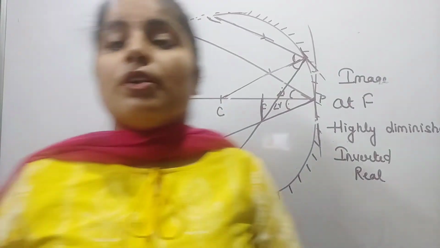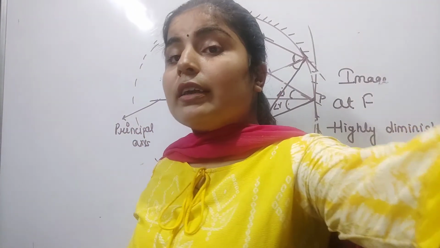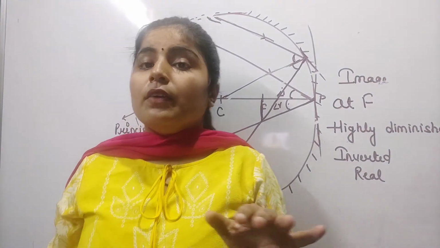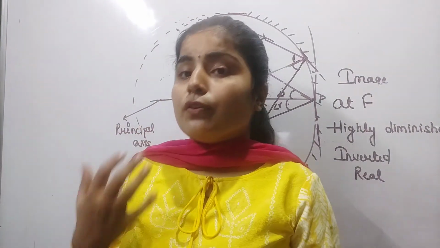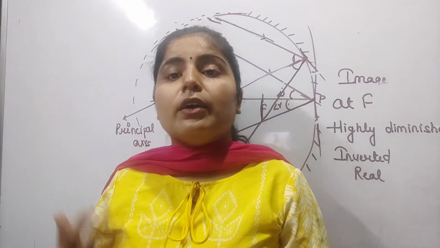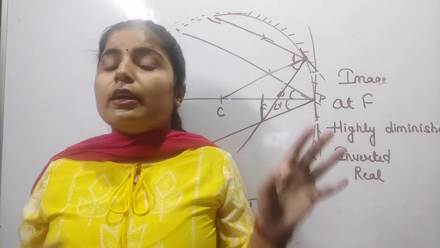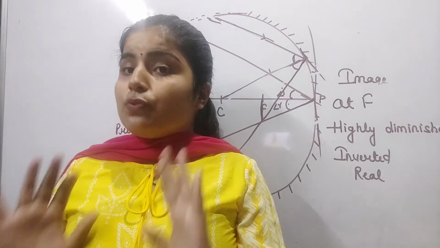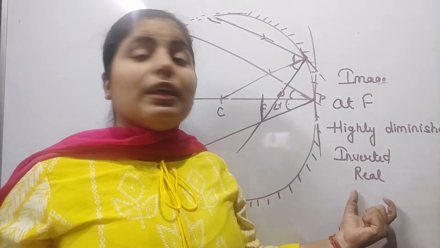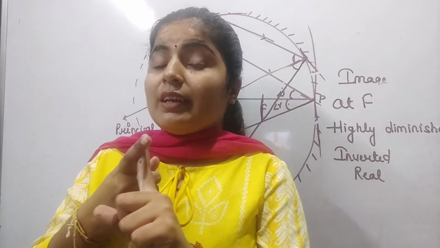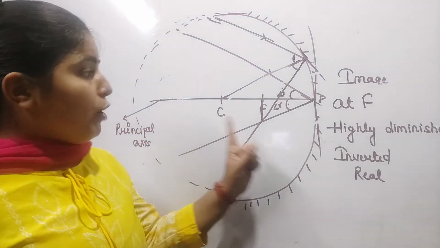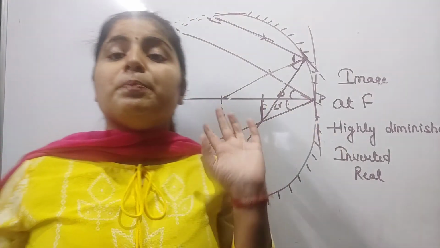So we have discussed all the kinds of images formed by a concave mirror. And we have seen that in all the cases the image which is formed is real and inverted, except one case, when the object is placed between the focus and the pole.